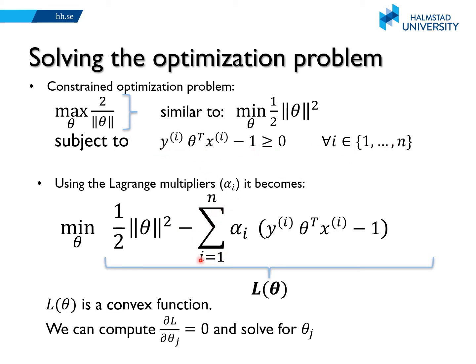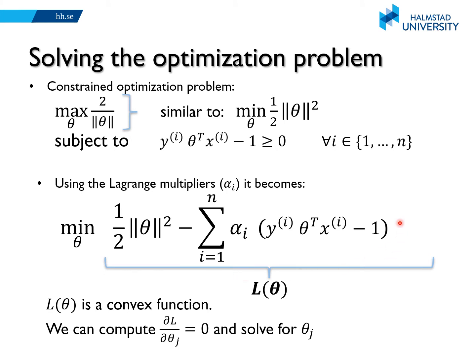So the sum from i equals 1 to n, because we have n data points in our training data set, of alpha i, these are called the Lagrange multipliers. So alpha i times this part here. So this is a non-constrained optimization problem. We just want to minimize all this.